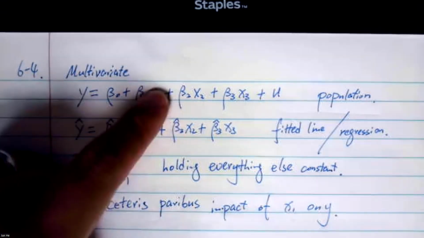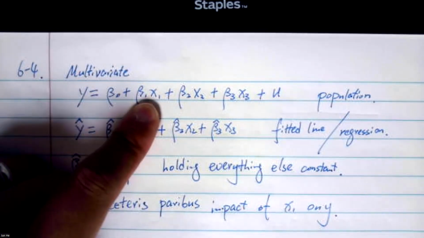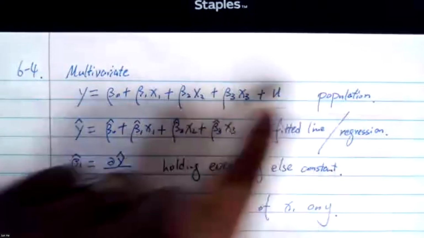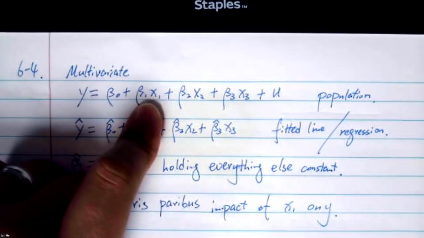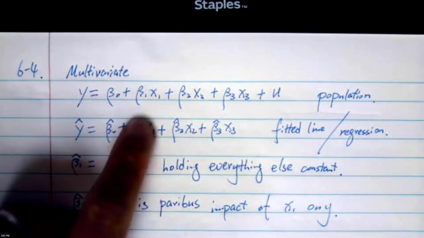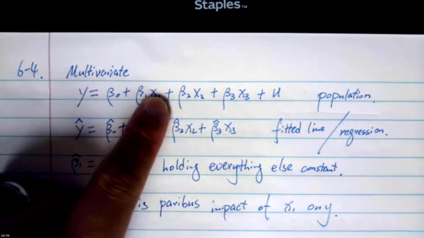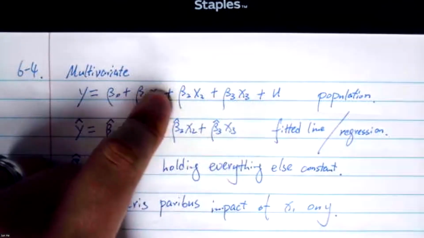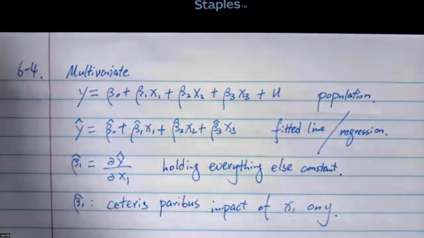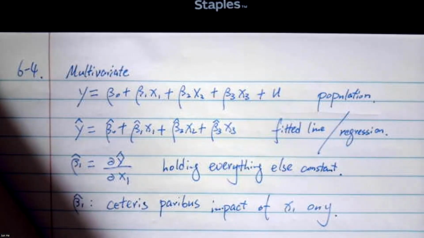And similarly, beta 1 without hat, which is the population coefficient, represents the ceteris paribus influence of x1 in general, in the population, on y. Okay, so this is the interpretation change.